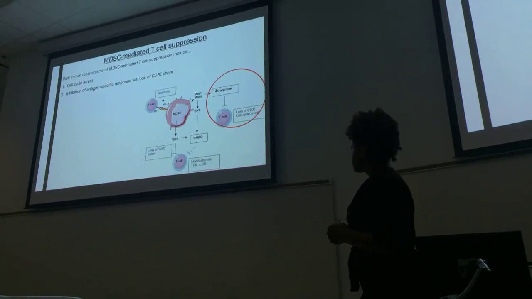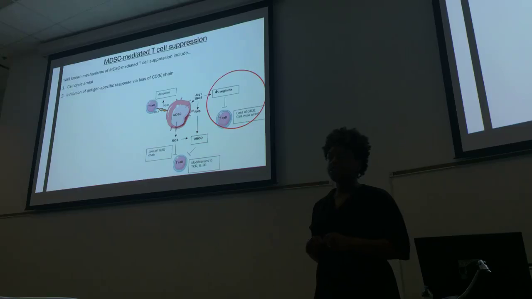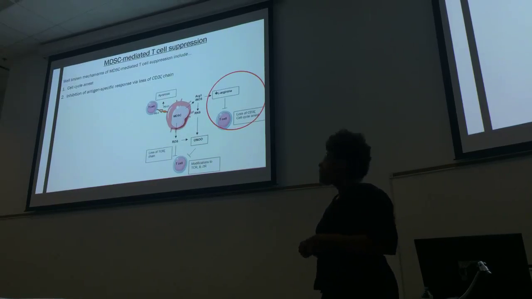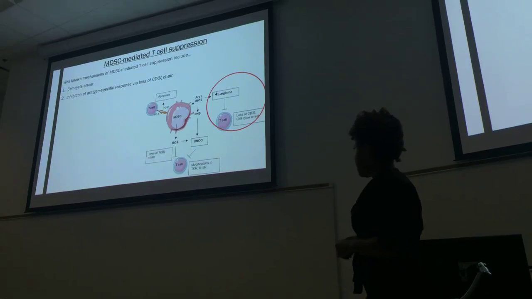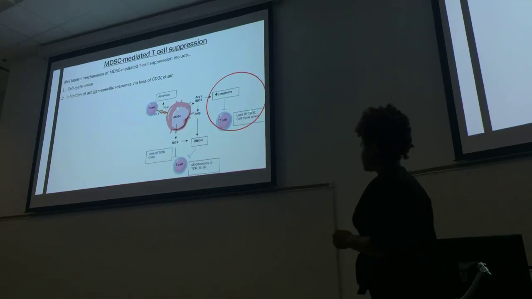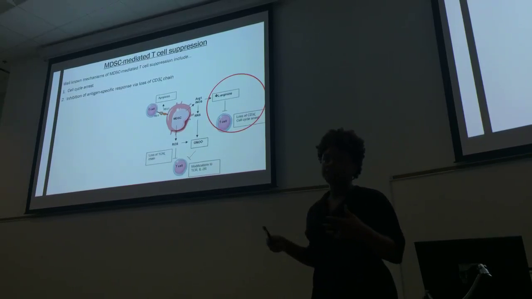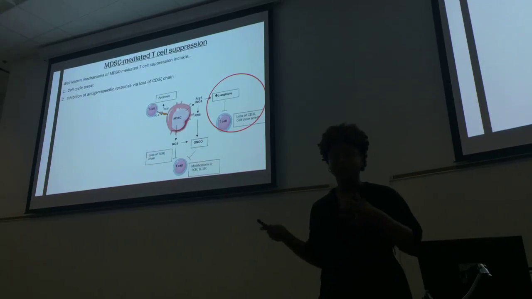Specifically, their most common role is the uptake or consumption of L-arginine, which is a non-essential amino acid, from the microenvironment, which interrupts the cell cycle needed for T-cell differentiation, as well as interrupts the expression of the CD3 zeta receptor, which is needed for TCR signaling.